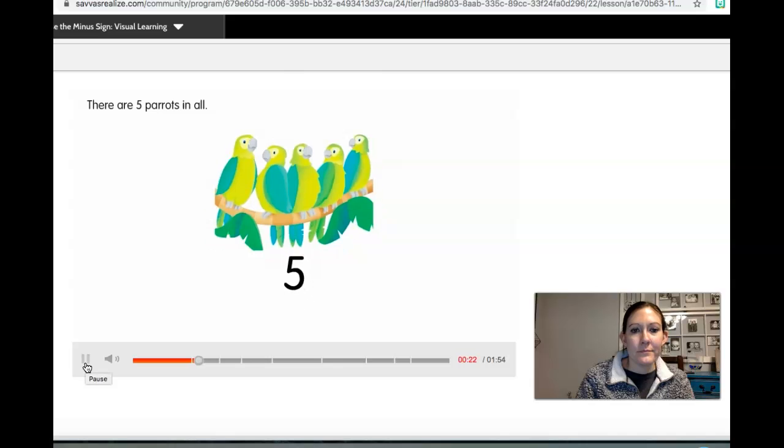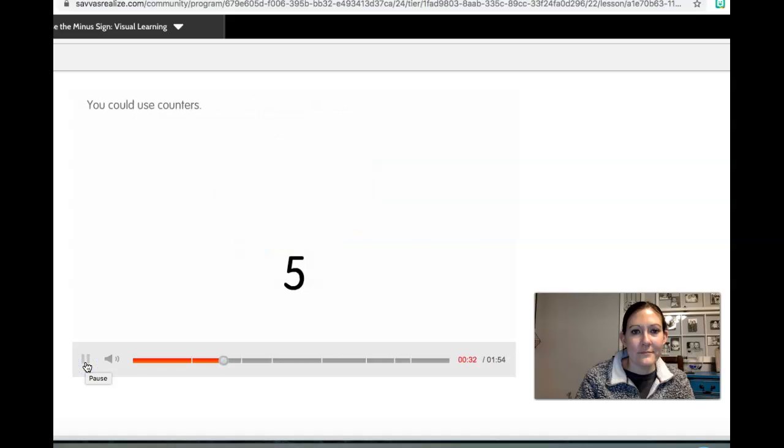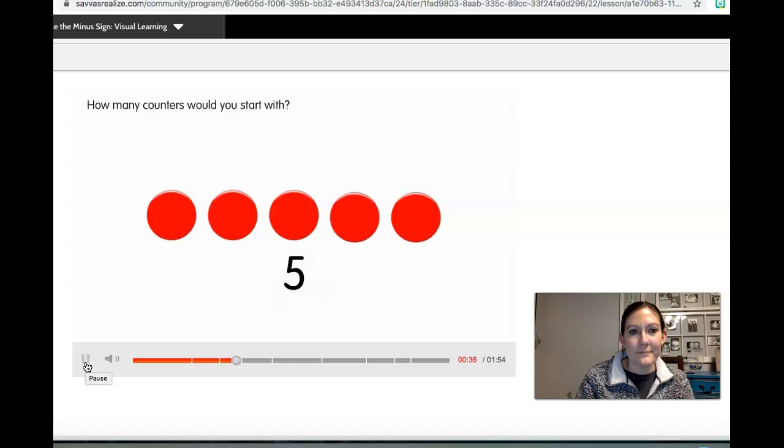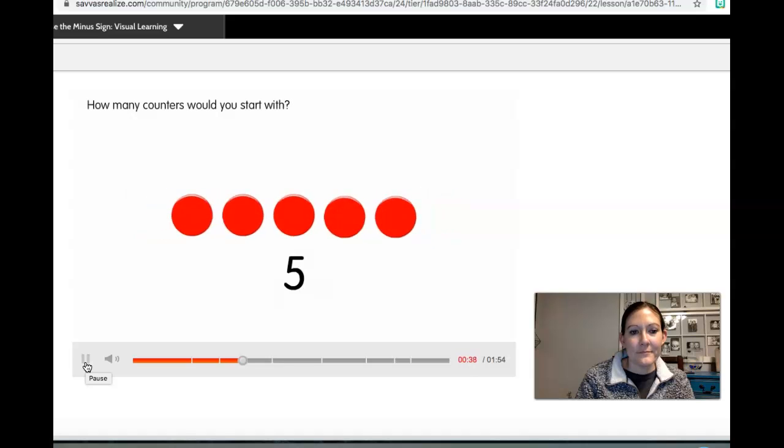There are 5 parrots in all. What could you use to show a story about the parrots? You could use counters. How many counters would you start with? You would start with 5 counters.